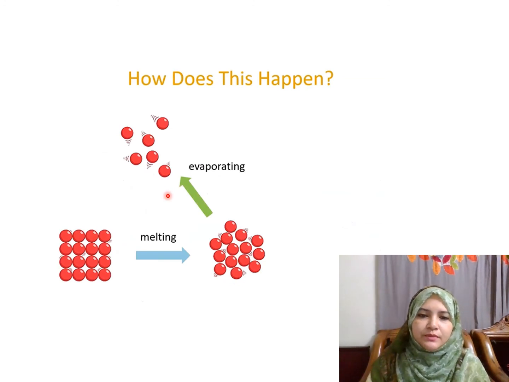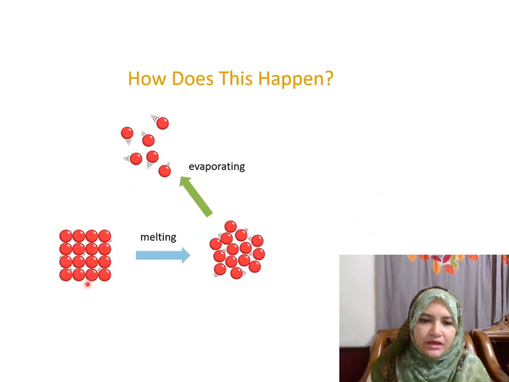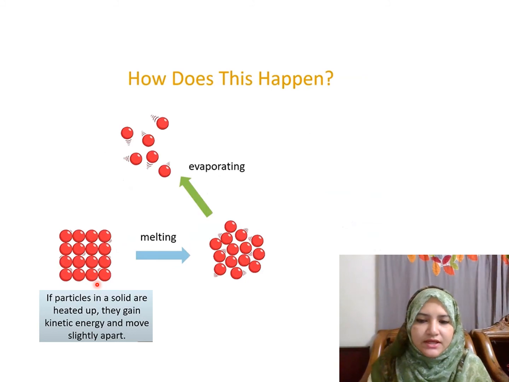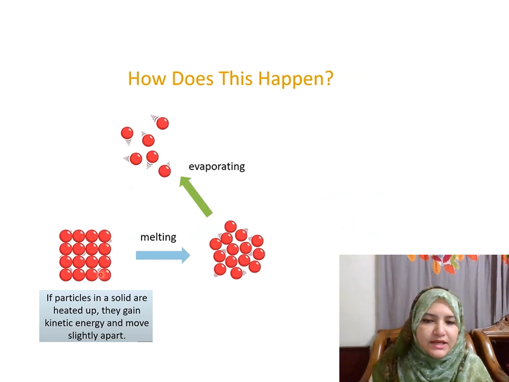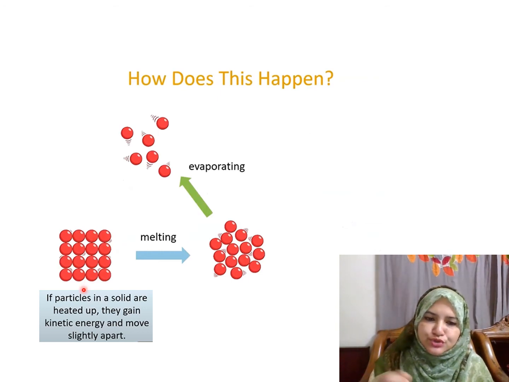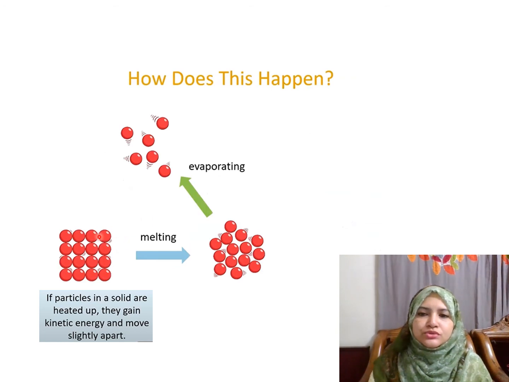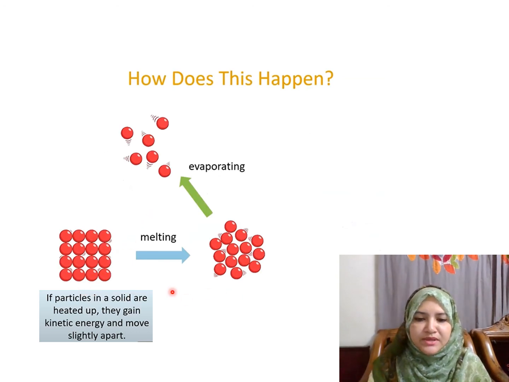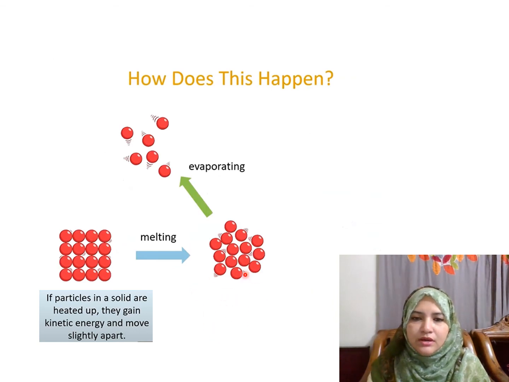When the particles in a solid are heated up, they gain kinetic energy and move slightly apart. Through the process of melting, the particles change their physical state and become a liquid.